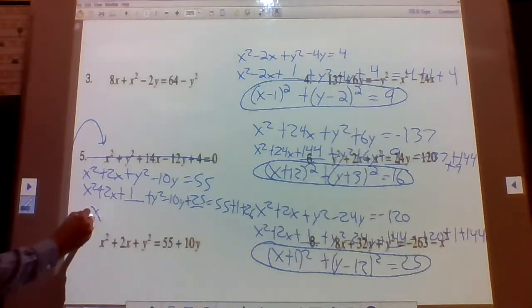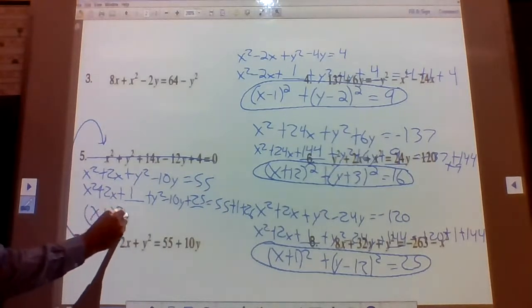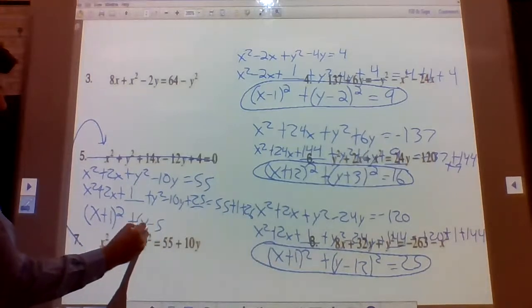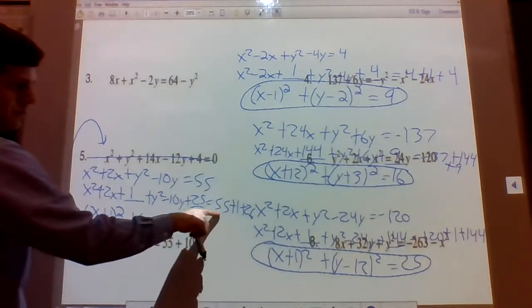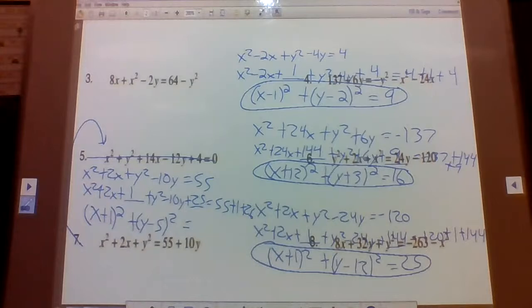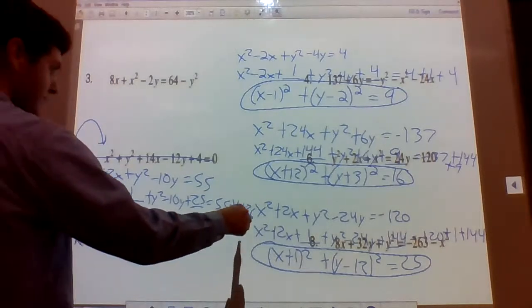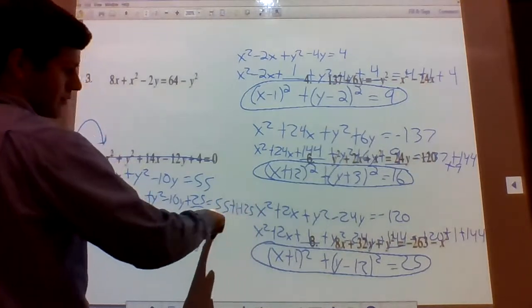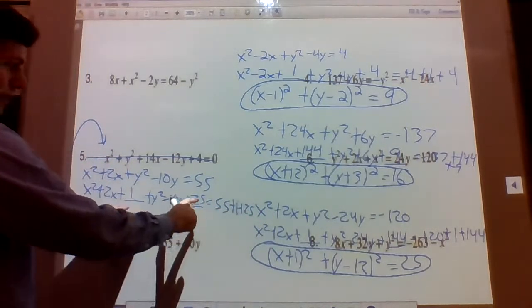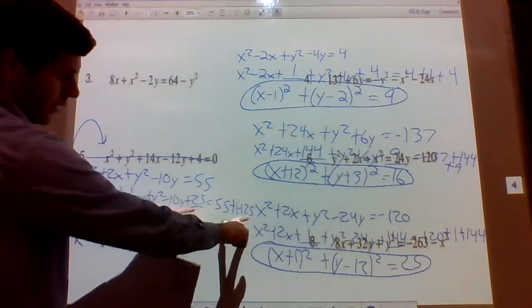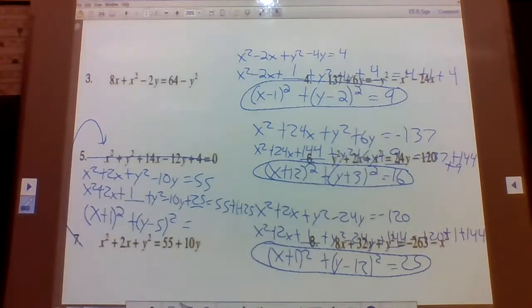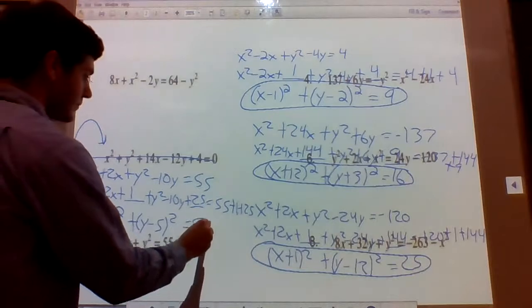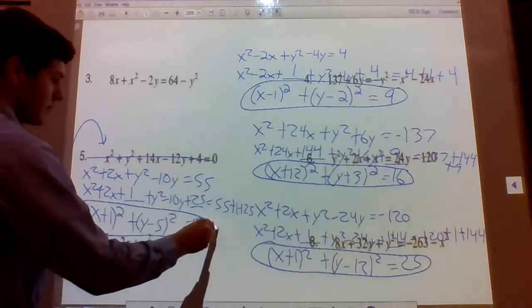Okay, so factor that, x plus 1 squared plus y minus 5 squared equals, so 55 plus 1 plus 25. That's going to be 81. So that's number 7.